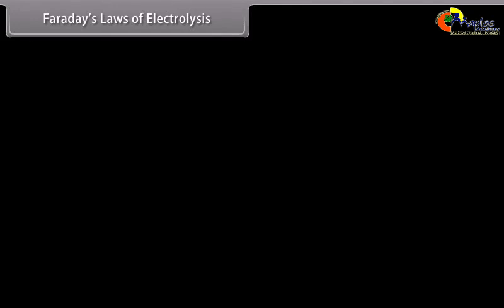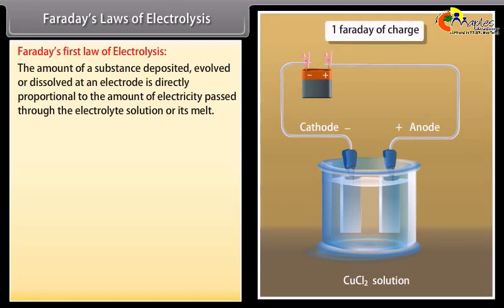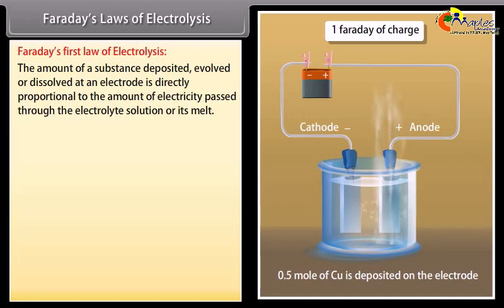Faraday's laws of electrolysis. Faraday's first law of electrolysis. The amount of a substance deposited, evolved or dissolved at an electrode is directly proportional to the amount of electricity passed through the electrolyte solution or its melt.